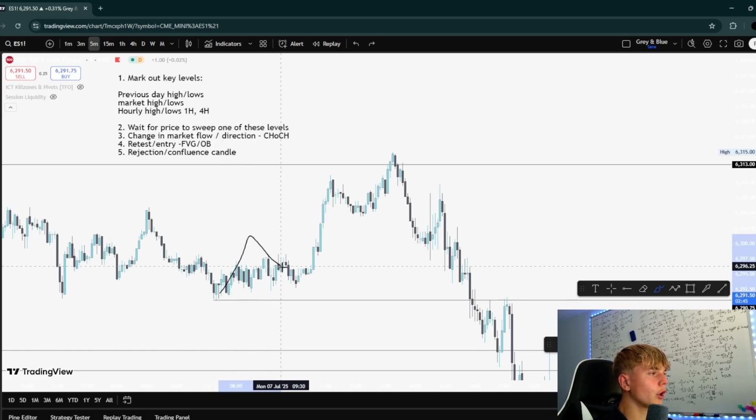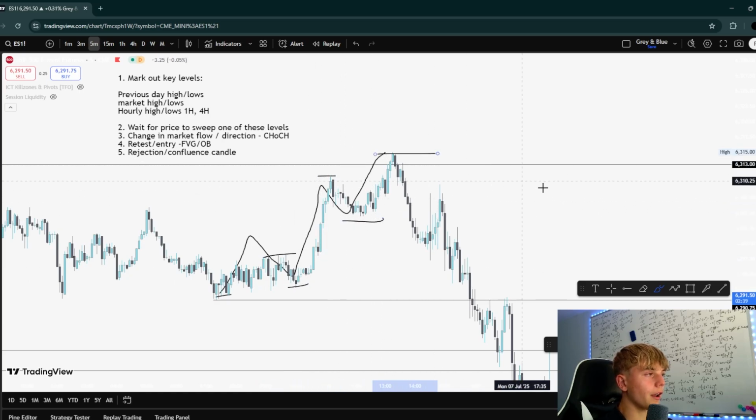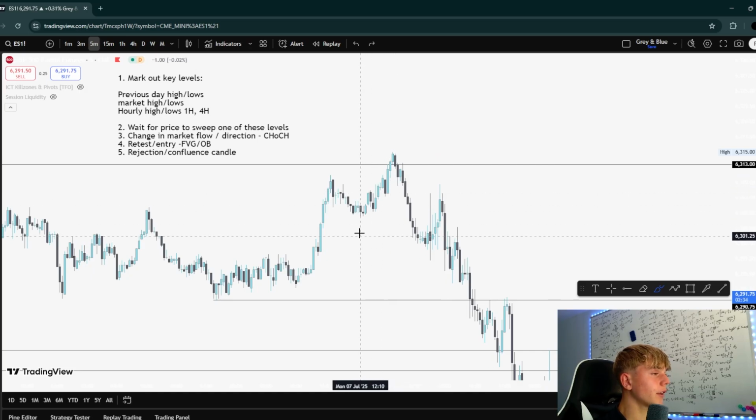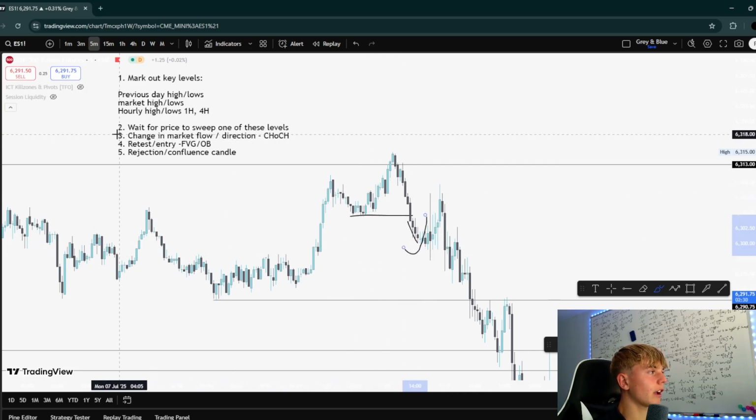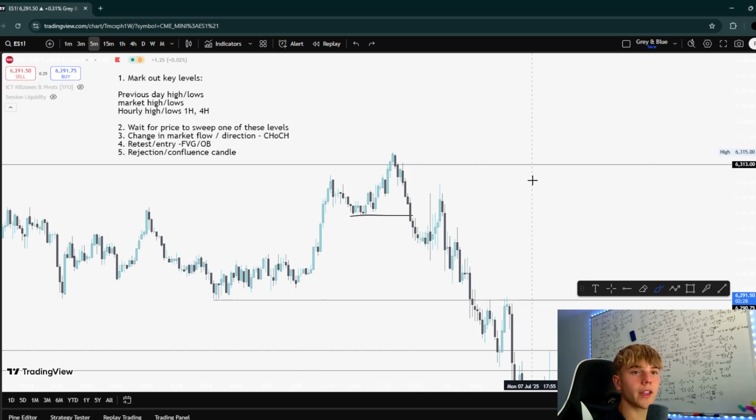Because before, you were creating an uptrend structure. We had a low, a high, a higher low, a higher high, a higher low, and a higher high. We were clearly in an uptrend. But all of a sudden, price broke this low here and changed market direction, which is our third confluence here.